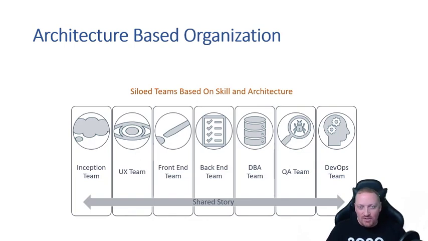Then there's going to be some sort of front-end team that's going to go about the work of building out that front-end design. There's a back-end team, and these back-end teams could be split up even further, especially if you're doing microservice architecture. You might have a lot of little tiny microservices and a lot of different teams working on those different microservices, but they're all lumped together in this back-end team organizational structure.